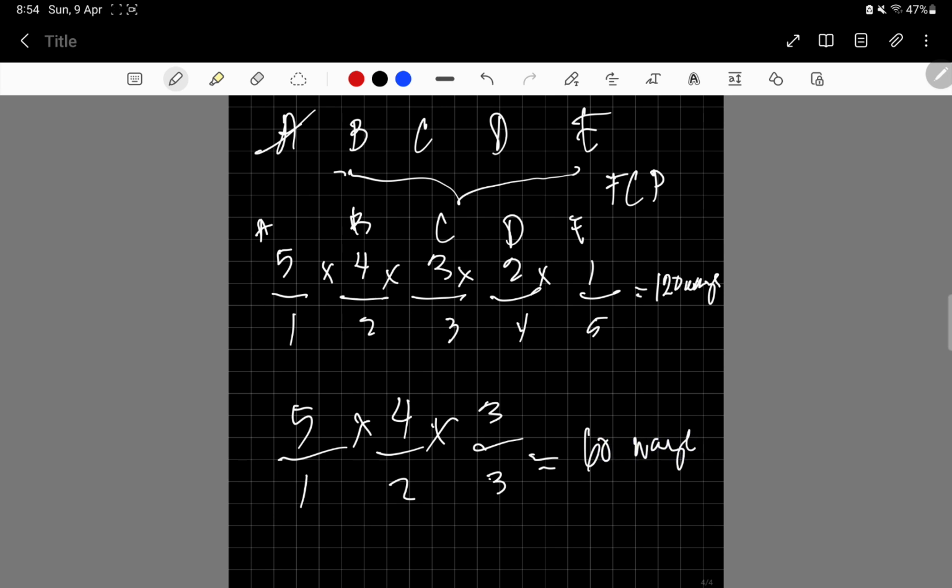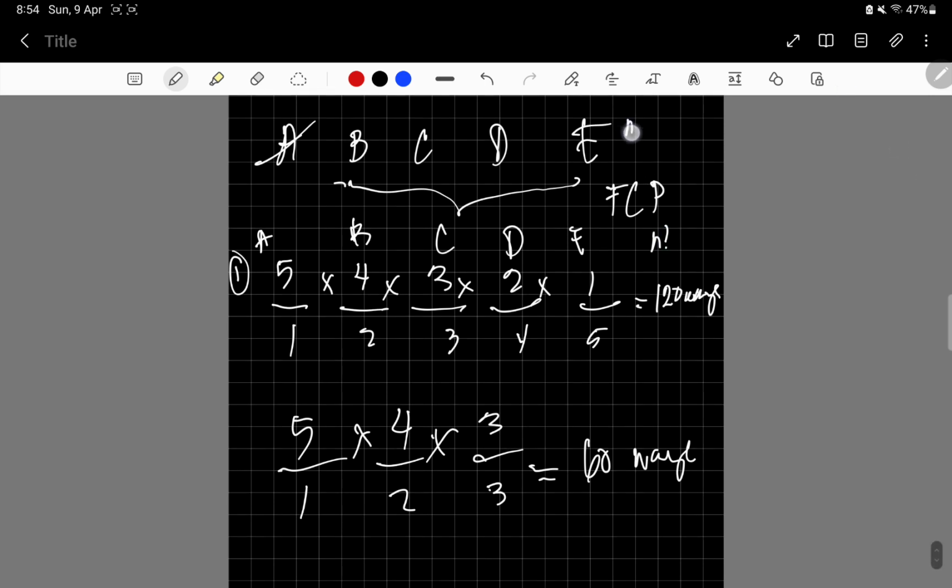What we just did on our first scenario is we had n factorial. Kung ang n natin is equal to 5, what we just did is 5 factorial, which is equal to 5 times 4 times 3 times 2 times 1. Ganun yung ginawa natin sa first scenario.